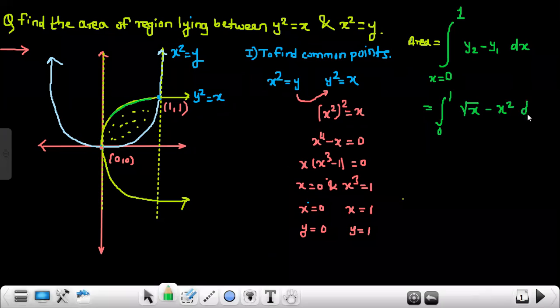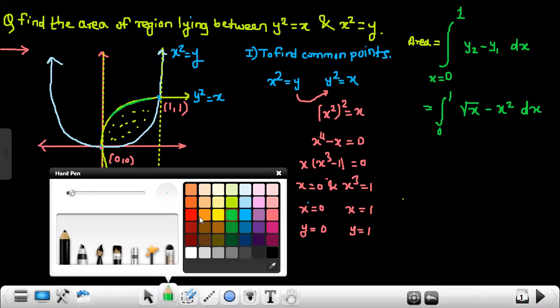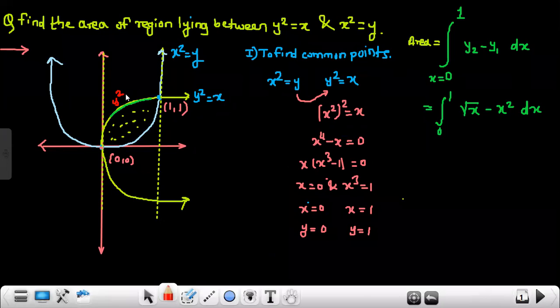Are you getting this? Look, this curve is √x. Which one is it? y² = x.